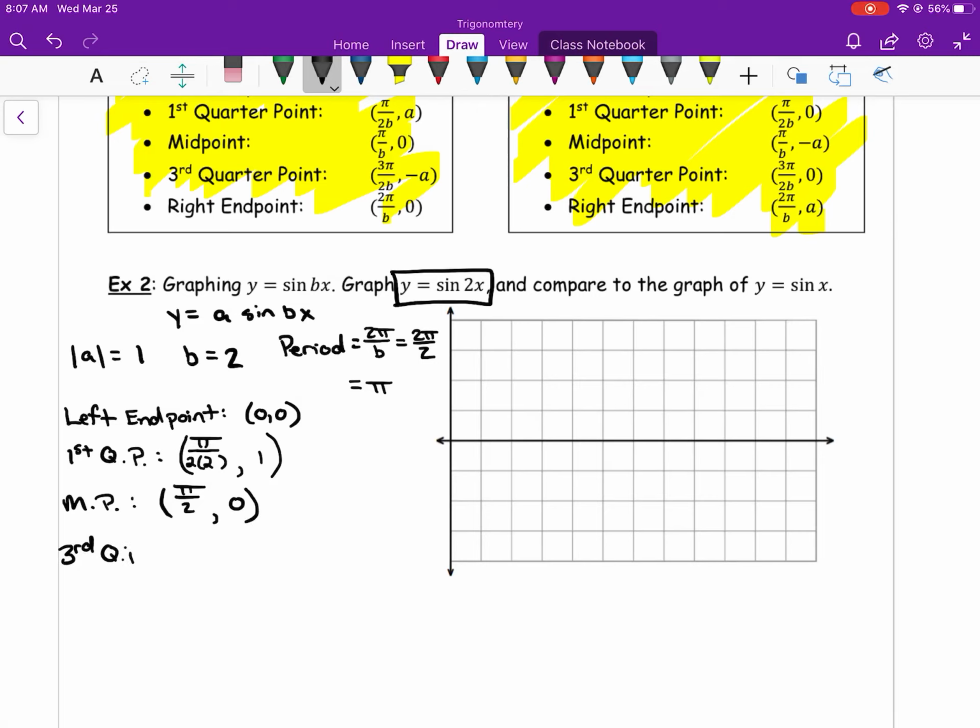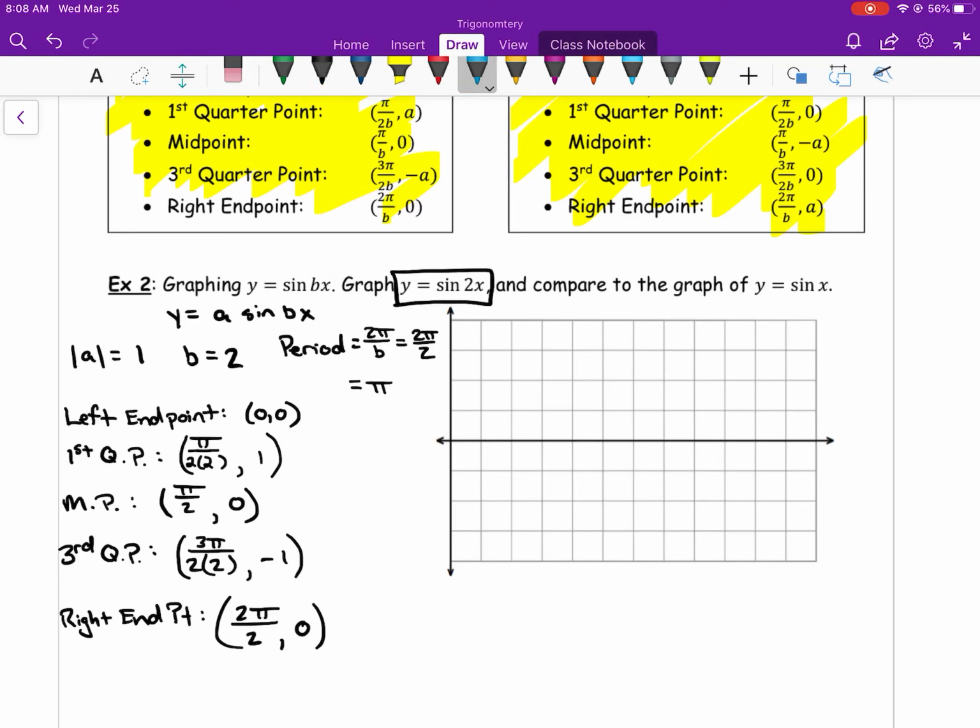And then my third quarter point, which would be 3 pi divided by 2 times B. B is 2, comma negative A, so negative 1. Then my right endpoint is 2 pi over B, which happens to be our period, comma 0.